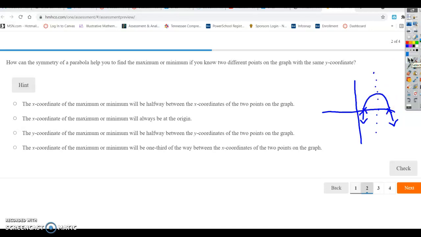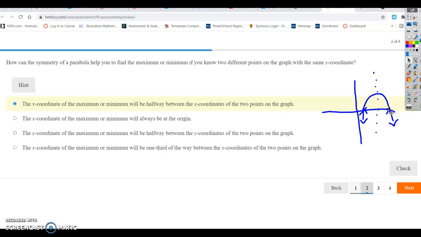So the x of the max and the minimum will be halfway between the x coordinates of the points. So this is your x. So this x would be halfway between that. So that is probably the correct answer. Let's look through the others. The x of the maximum or minimum will always be at the origin. Well, it's not always going to be at the origin, so that's not it.